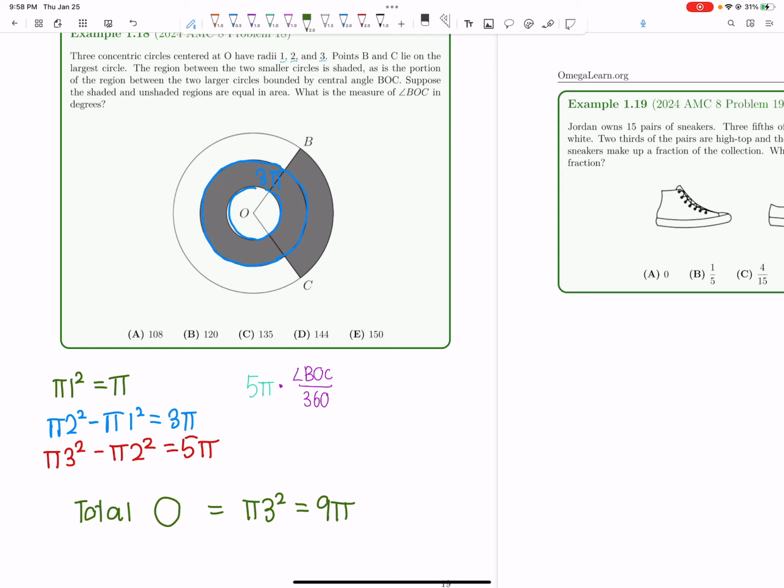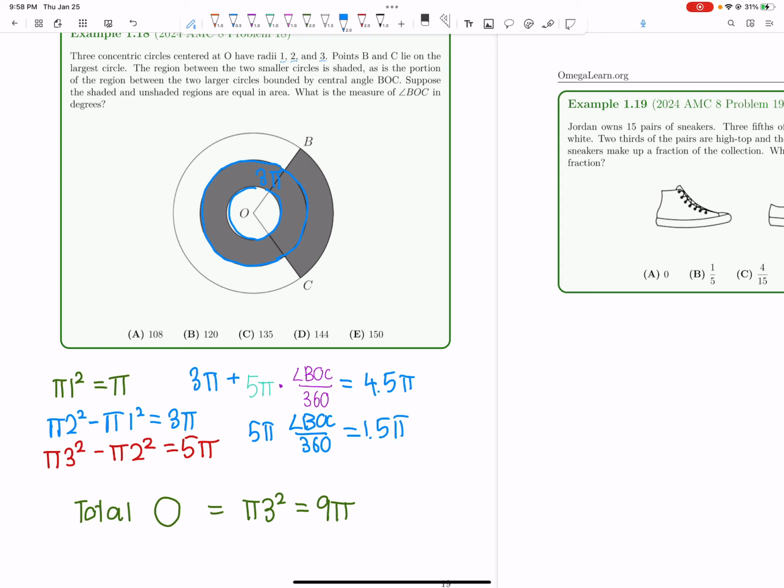So we already calculated 3 pi is always shaded. So 3 pi plus 5 pi times BOC over 360 equals 4.5 pi, because the shaded region is half. So that's 5 pi times BOC over 360 is 1.5 pi.